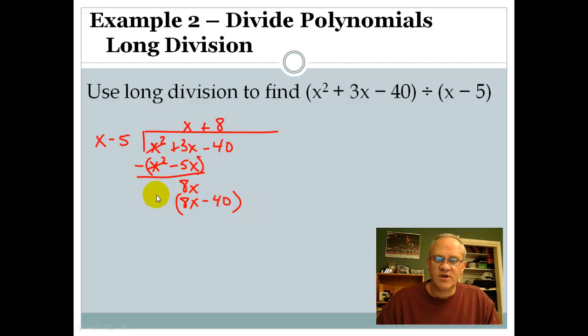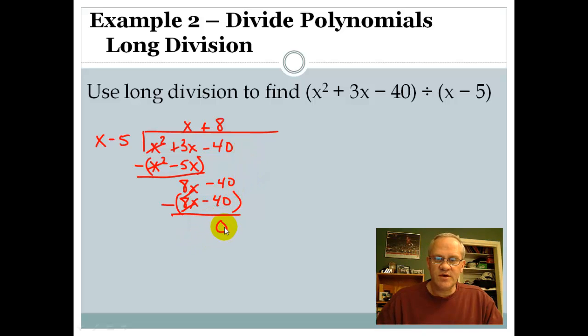Remember, you've got to subtract this whole thing. And if it helps you, you could leave this negative 40 up here, but if it helps you to bring it down here to be with this, that might make it easier. And so now 8x minus 8x, those cancel. Negative 40 minus a negative, or plus 40, gives me 0. That means there's no remainder. We'll do one in a second where we've got a remainder, and I'll show you what to do with that.